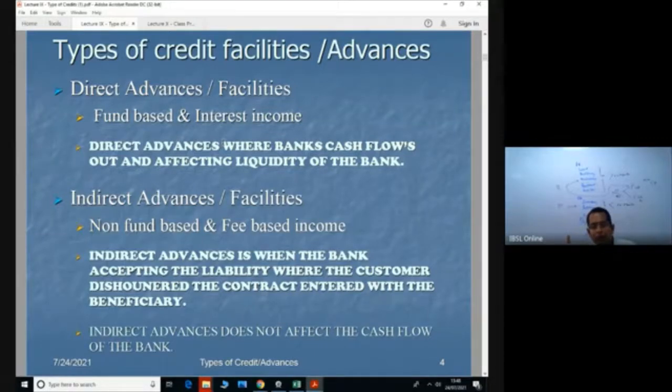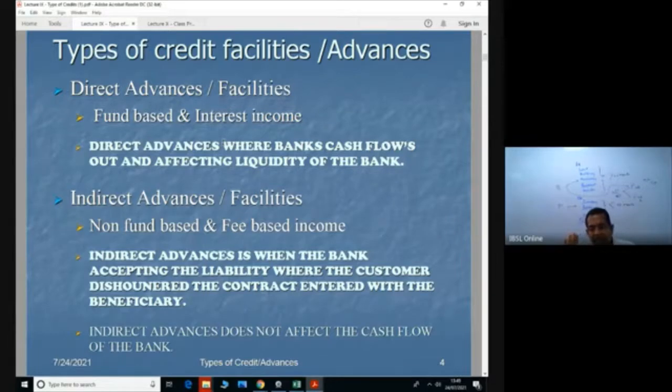If he does not pay, we will pay, right? We will be paying only if the customer defaulted to the beneficiary, right? It will be only when the customer defaulted. So the bank is taking a responsibility on behalf of a third party. If the third party defaulted, we will discharge the third party and take the responsibility of the default, right?